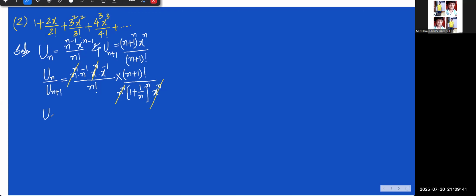Un by un plus 1 value is equal to n power minus 1 x power minus 1 divided by n factorial multiplied by n plus 1 factorial, which can be expanded as n plus 1 into n plus 1 minus 1 factorial, divided by 1 plus 1 by n raised to the power of n.